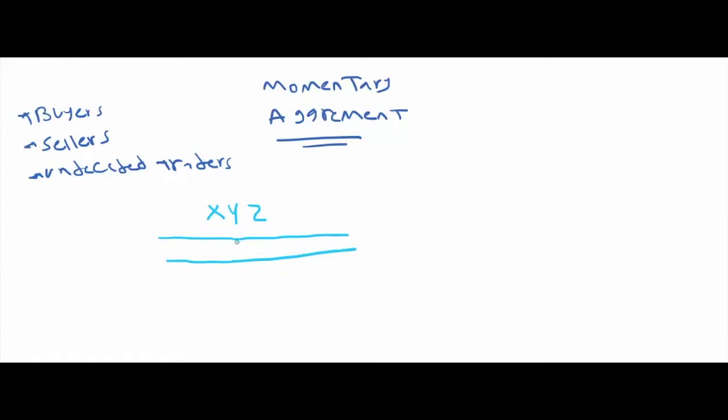Bid is what a buyer offers for his stocks. It's right here, bid, and let's put here ask. Again, bid is what a buyer offers for his stocks, and ask is what a seller asks for his stocks.